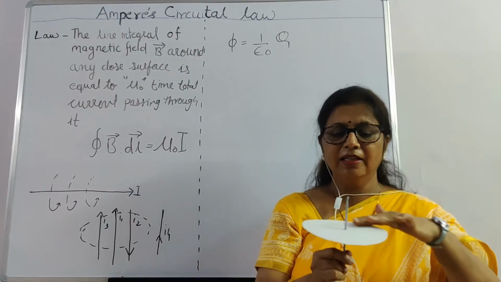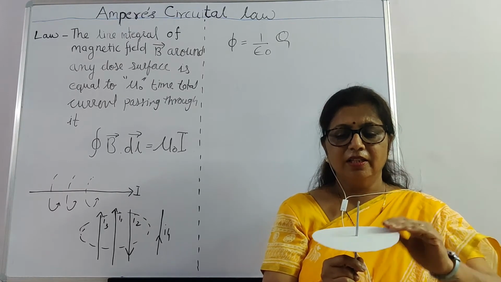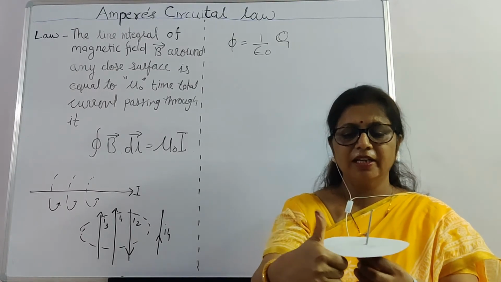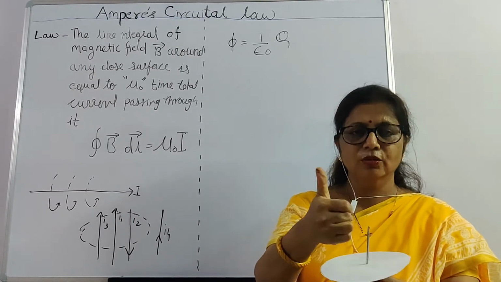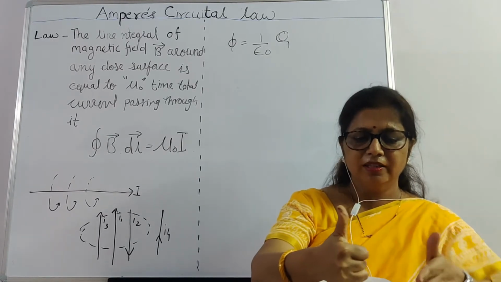Okay, and this is the surface, and see, if the current is going in this direction, so according to the right hand thumb rule, the magnetic lines will flow in this direction.